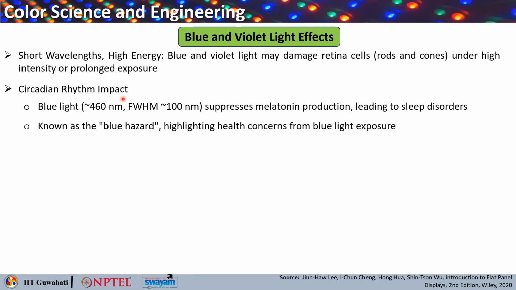So, if somebody is wearing a regular glass and somebody is wearing a blue protected glass, the second person can view their mobile phone much longer with less eye strain. Okay. So, circadian rhythm impact.